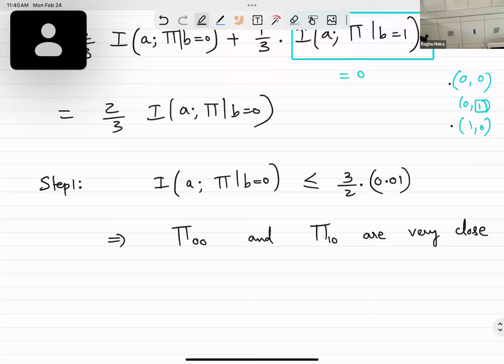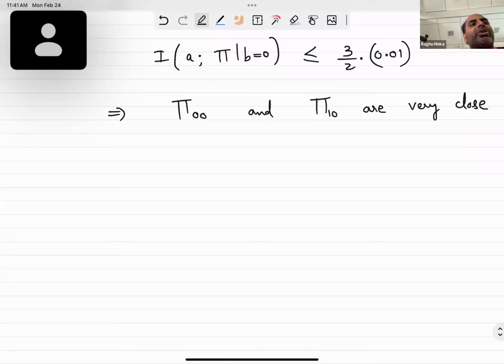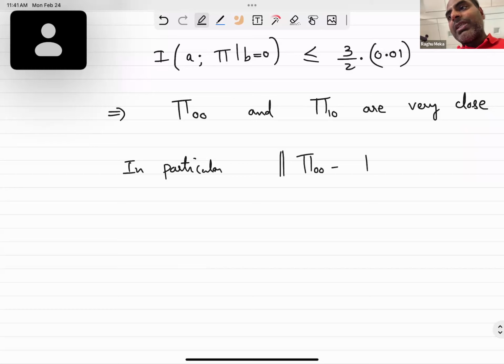So you can use this to say that the distance between what the protocol outputs for 0,0 and 1,0 is small. Okay, and it requires some work. We're not going to do it. In particular, the TV distance between these two things is small.